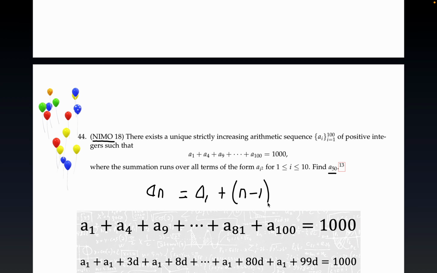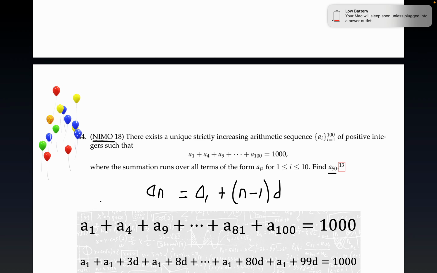That's very easy to see. It follows immediately from the definition of an arithmetic sequence, which is just a bunch of terms separated by a common difference, and we're calling that d. Okay, now let's carry on here.